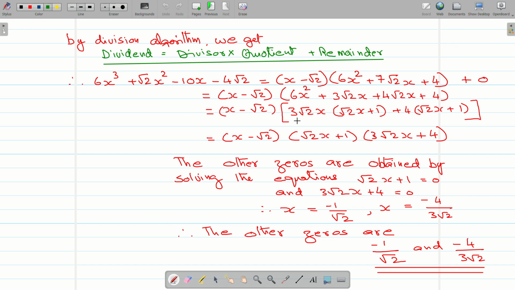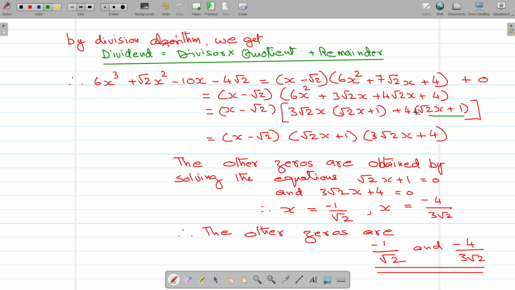So x minus root 2 into, from the first 2 I can take 3 root 2 x common, and bracket I will get root 2x plus 1, and the second bracket should be the same, root 2x plus 1.